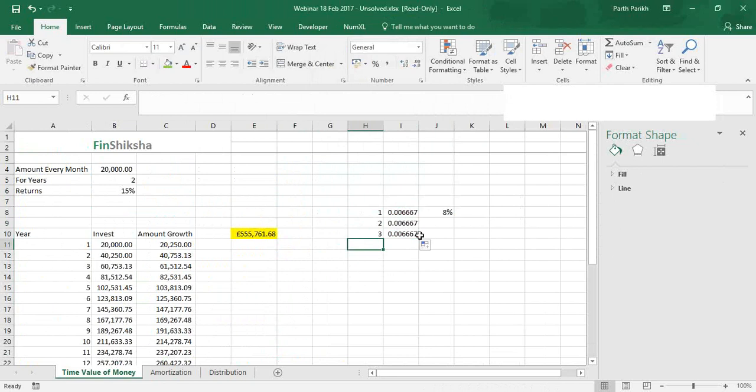Then for the rest, 4 months, 4, 5, 6, 7, it is again at 9%. I will divide this 9 by 12 and make this constant, and so on and so forth. Then you can simply have the FE schedule with all these interest rates.